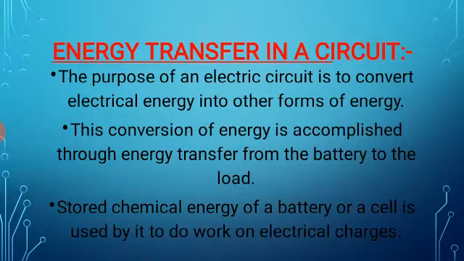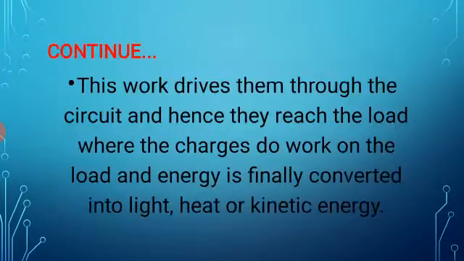Now we will discuss about the energy transfer in a circuit. The purpose of the electric circuit is to convert the electrical energy into other forms of energy. And in this conversion of energy, energy is transferred from the battery to the load. In the battery, there is a stored chemical energy that is used by it to do work on the electrical charges.